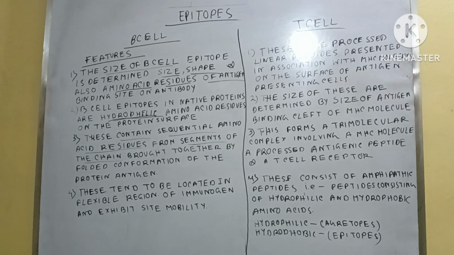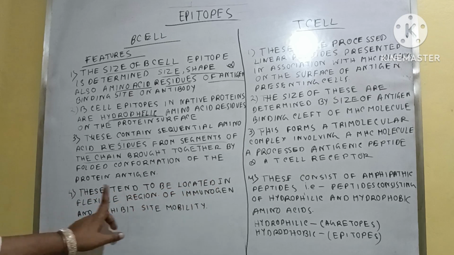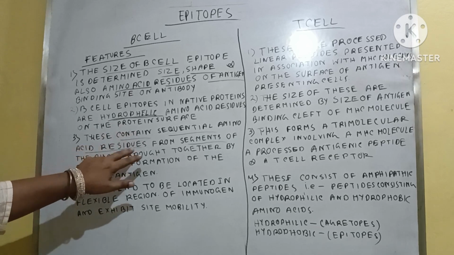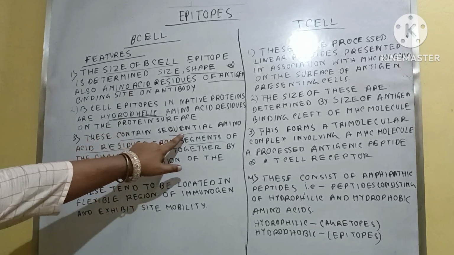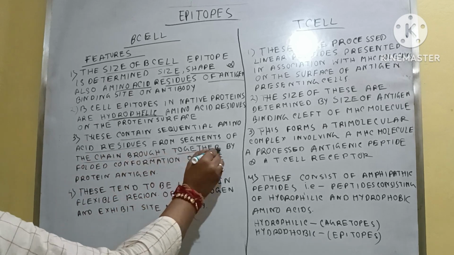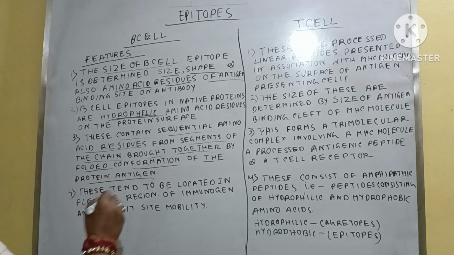Fourth, these tend to be located in flexible regions. And what is the benefit of the sequential amino acids? They are brought together by the folded conformation of the protein antigen.